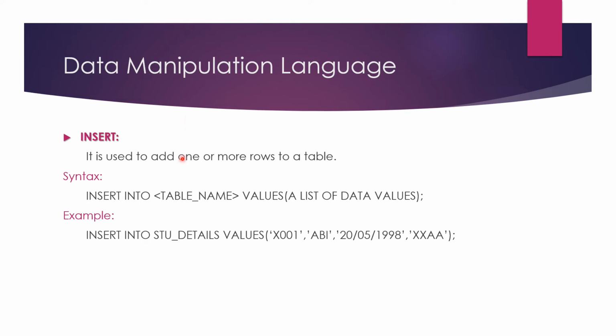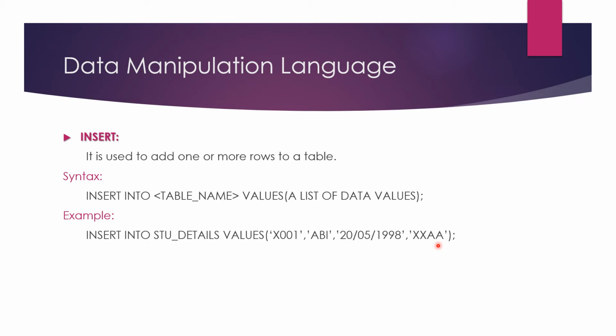And the syntax for the insert query is insert into table name, then values, and then within the parentheses we have to give the list of data which we want to enter into the table. Here is a simple example: insert into student details values, open parenthesis, and then the list of data.